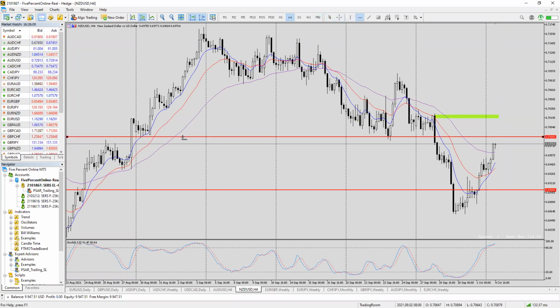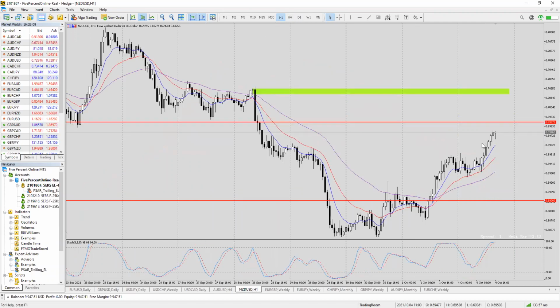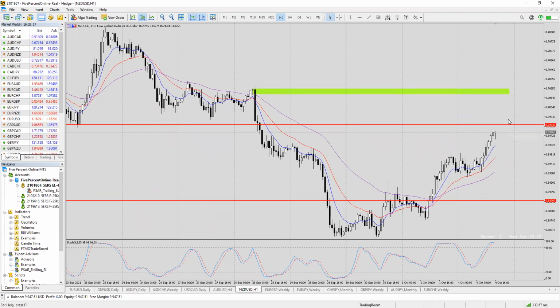Let me just draw this line. Well, more or less, yeah. There's another zone here to pay attention to. Those of you who are looking to go long, or who are already long on Kiwi dollar, just be aware of this level as well.